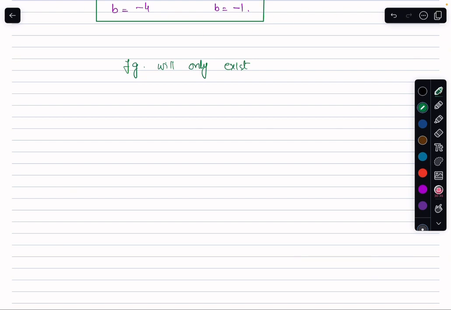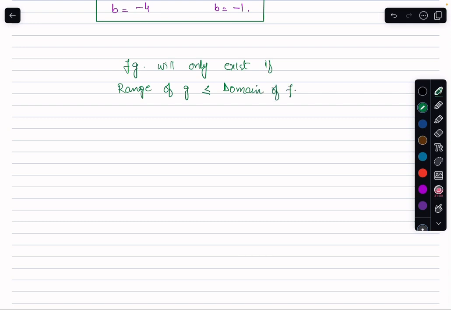It will only exist if the range of g is contained, meaning the range of g should be less than or equal to the domain of f.